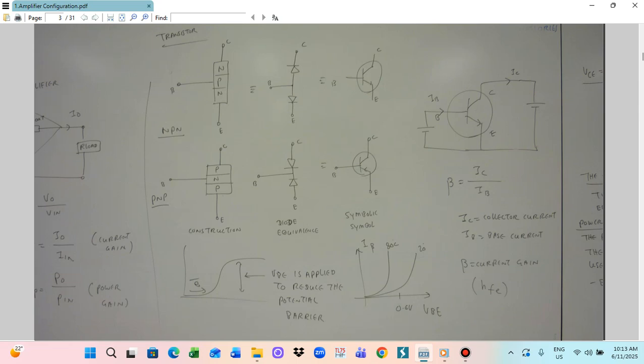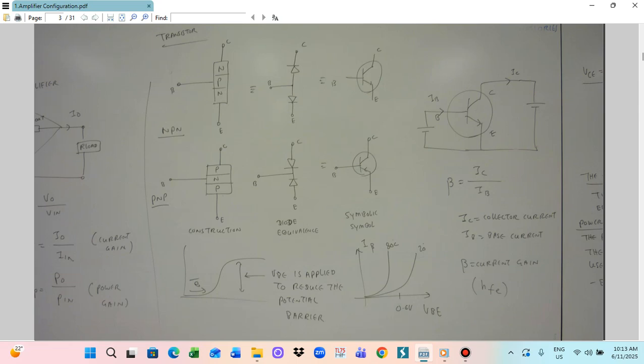VBE is applied to reduce the potential barrier, so the electrons can pass through. Therefore, with VBE, the current flows through the transistor, as shown on the graph. The horizontal line is VBE, and the vertical line is IB. The curve at 20 degrees centigrade follows this way, and at 80 degrees centigrade it follows that way.